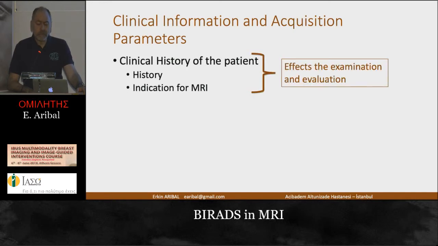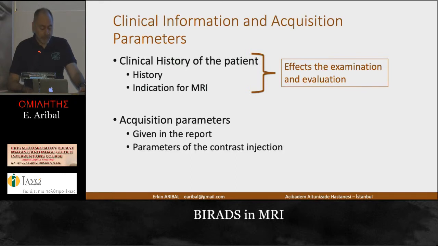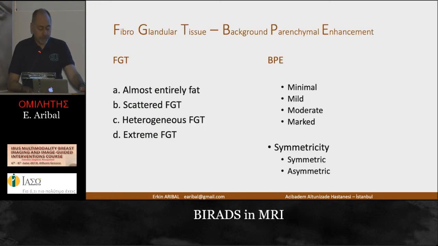It affects your evaluation and your examination. Particularly before starting the examination, you should know this information. The acquisition parameters are also important. You should give them in your report, and you should give the information about the contrast injection.